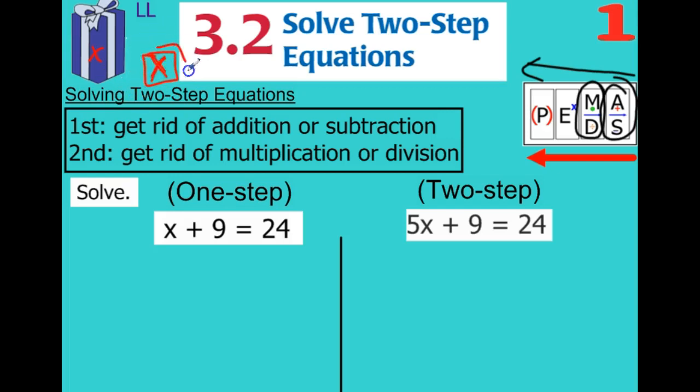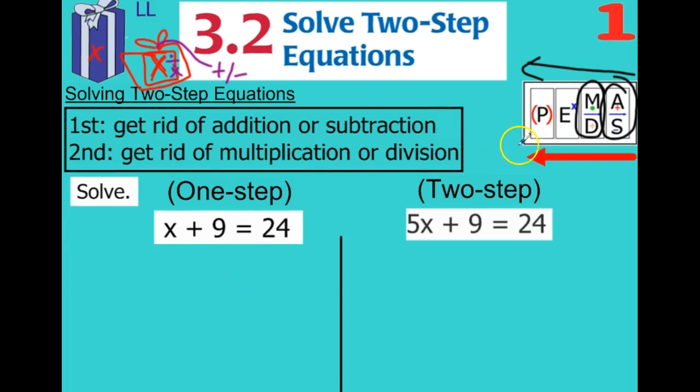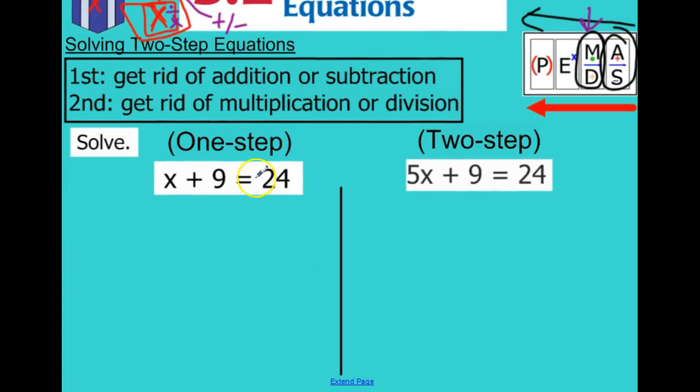So the wrapping paper that goes around the outside, or the bow, whatever you want to call it here, you have to take that off first, and that's what we consider our adding or subtracting. We're taking off, subtracting, or adding on that paper, then we can get rid of whatever's touching the present on the inside. That would be our multiplication or division. So think of it in layers. We can't jump right to the inside layer of the present because we haven't taken off the outside.